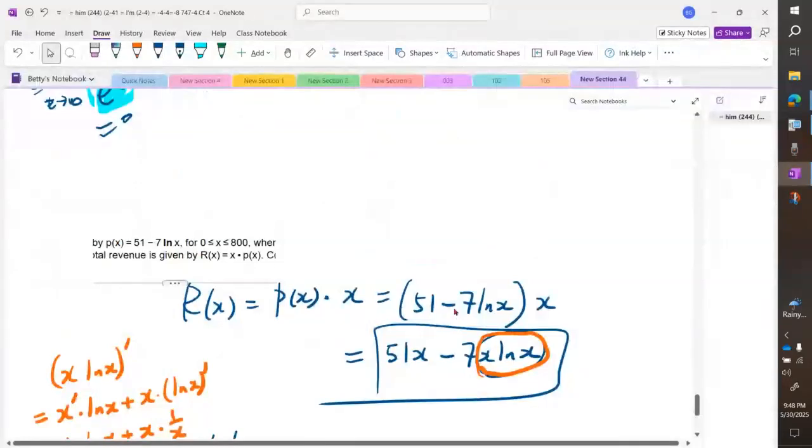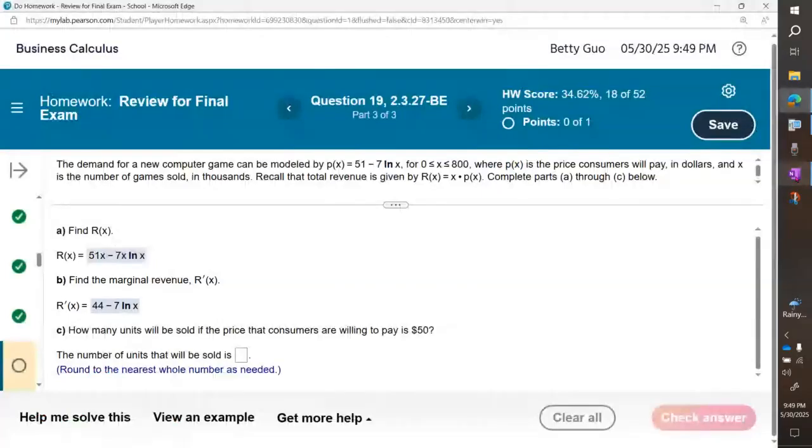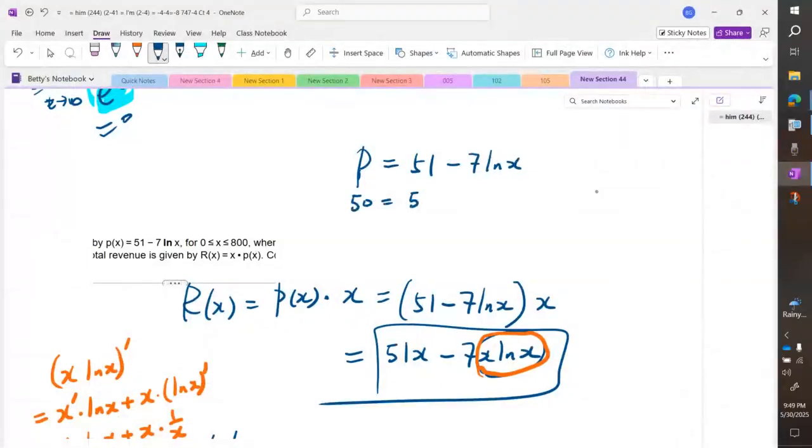The demand function is right here. P of X, P equals 51 minus 7 ln x. We are looking for the value of x. What we know is the value of p, that is $50. So let P be $50, and it's 51 minus 7 ln x.